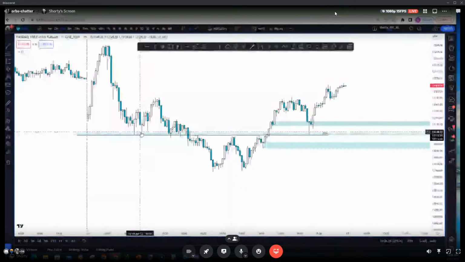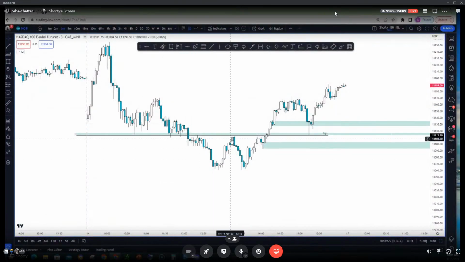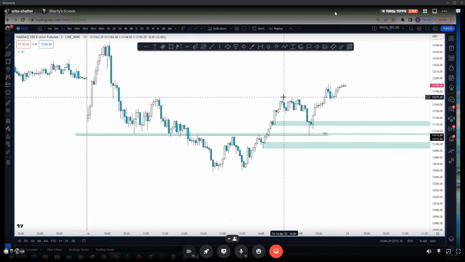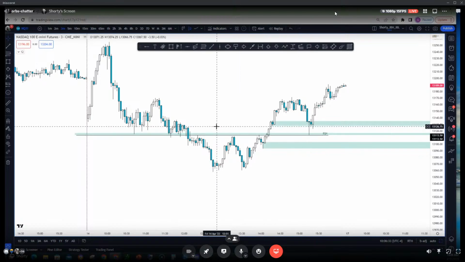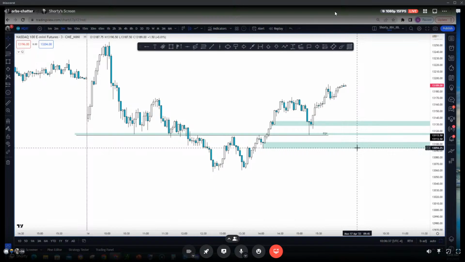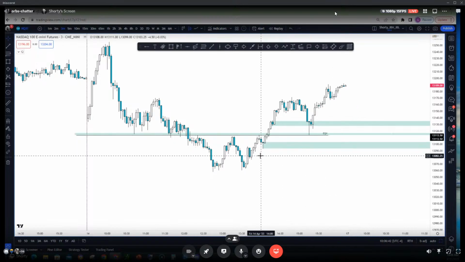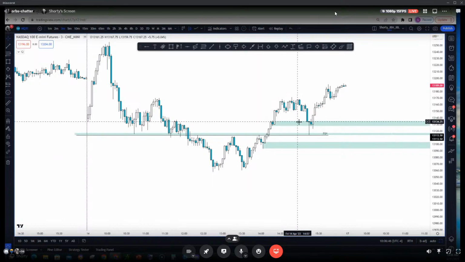So this is your support, you bounce, bounce, bounce, you reject it, and then you hop over it, and look where you land. So this is a true SR flip, and you guys know, even in my teachings, I care about SR flips a lot. If there's an SR flip and you're printing a hammer on it, like here, they're printing a hammer really high on it, that's a pretty bullish setup.